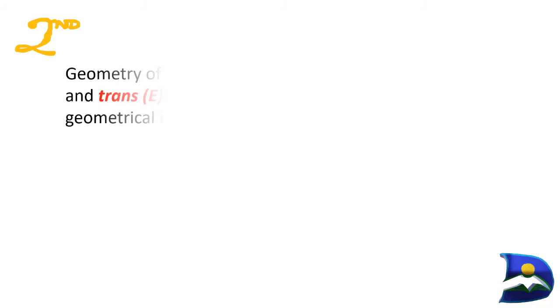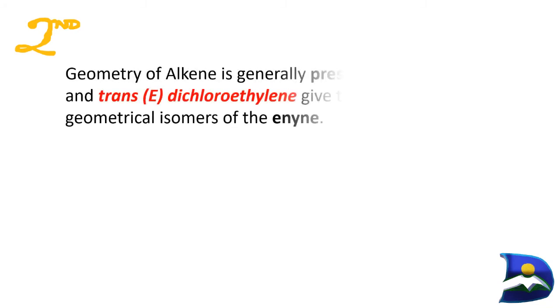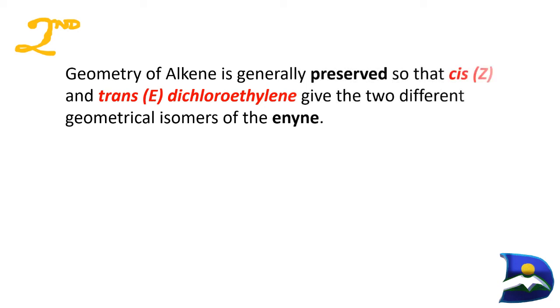So this leads to the second consideration, which is that the geometry of our alkene is generally preserved, so that the cis Z and the trans E dichloroethylene actually gave the two different geometric isomers of the enyne.